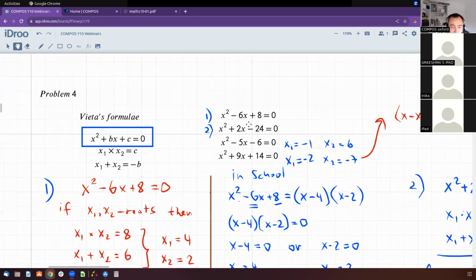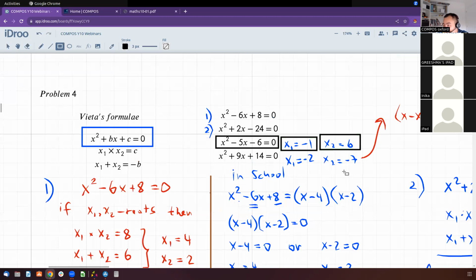See this example: a minus b plus c is not 0, but if you change the sign, plus 5 plus 6 is 0. So the first solution is minus 1, and the second solution is minus c over a, so minus 6 over 1, which is 6.